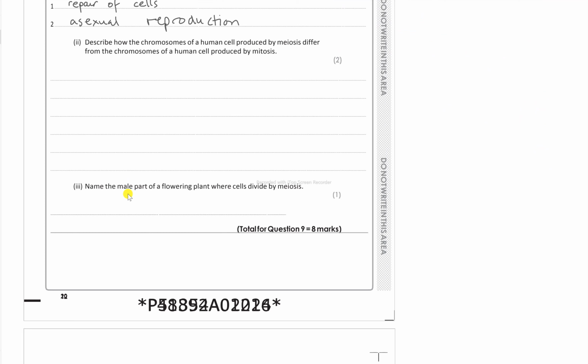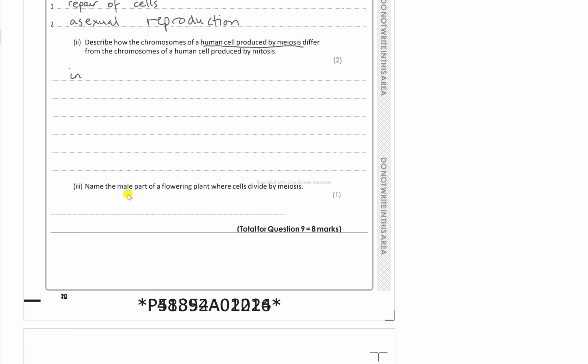Describe how the chromosomes of a human cell produced by meiosis are different from the chromosomes of a human cell produced by mitosis. Right.